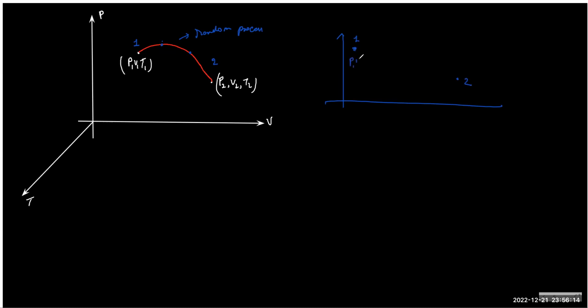So we know this is P1, V1, T1, and we know this is P2, V2, T2. But because it's a random process in between, there's a question: will this set of values and this set of values have any relation? Is there any chance of a relation between P1, V1, T1 and P2, V2, T2? No, sir.